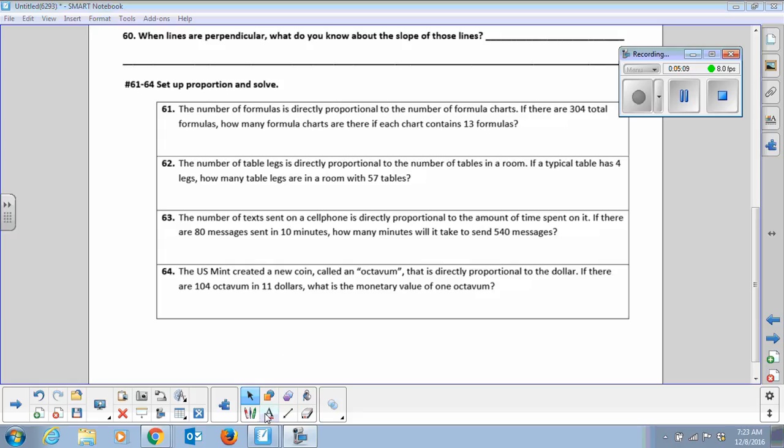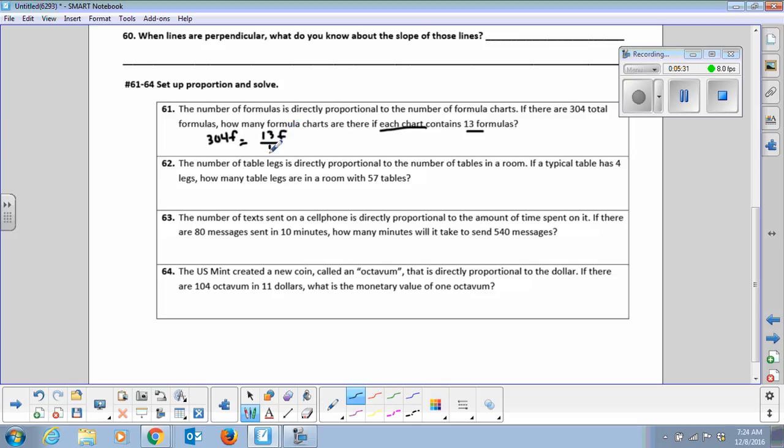So if we know that there are total 304 formulas, so I'm going to put an F for formula, and we know that if each chart contains 13 formulas, that means we have 13 formulas for every one chart.